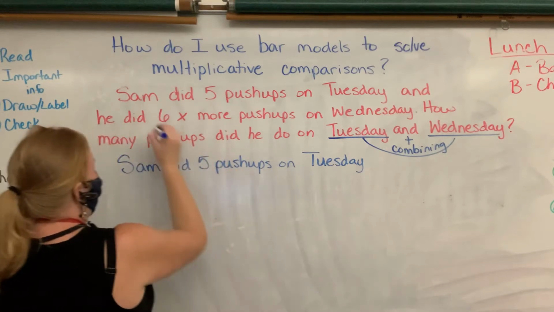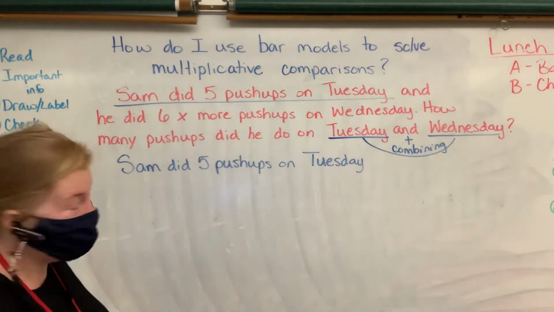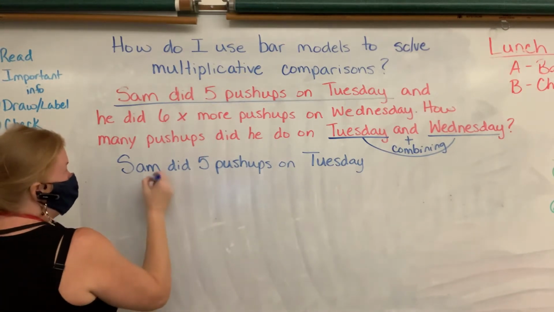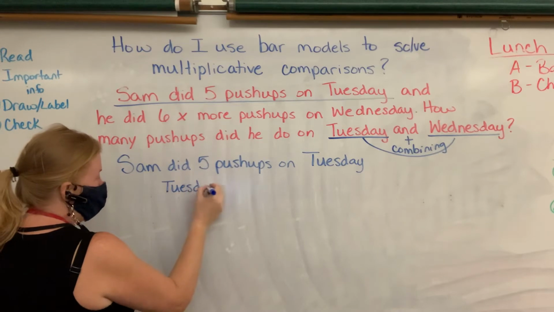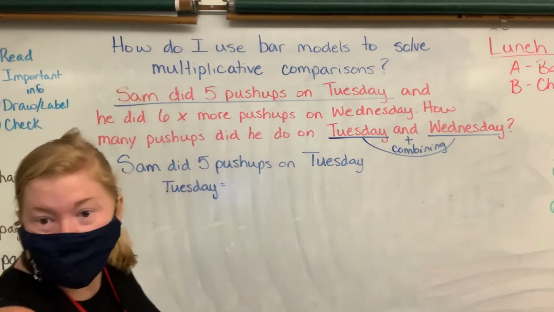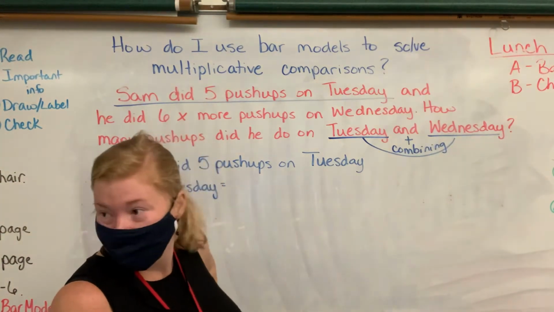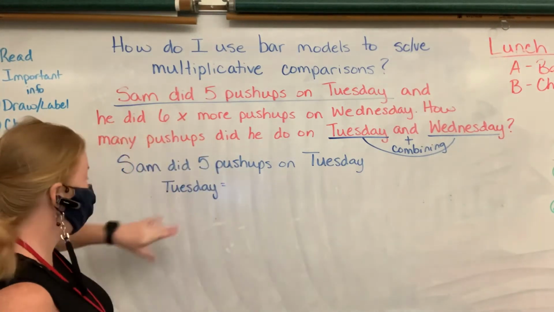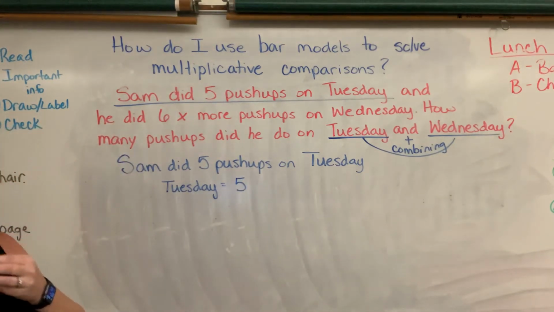I could also think about this as a math equation, and I could say, because it's the same person, Tuesday equals how many? What would Tuesday equal? Show me with your fingers, people at home. Show me with your fingers, people in class. Perfect. Tuesday would equal 5. So I'm thinking about it in terms of math.